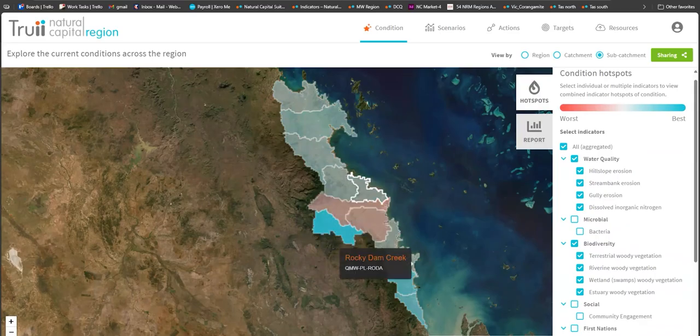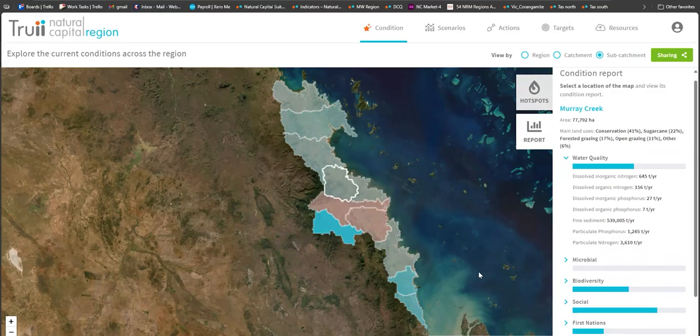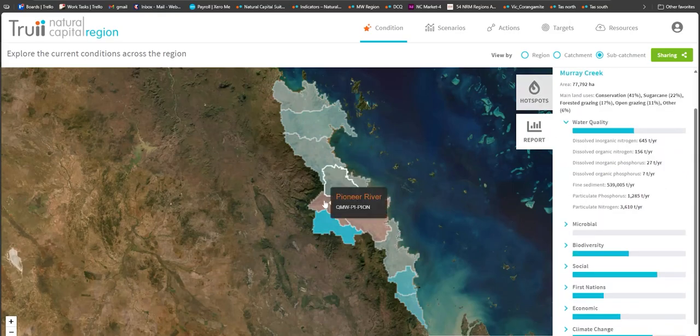So where are the hotspots as well? So you're looking for opportunities where you might be able to do work. And then you can drill down on individual spatial units and look at the numbers that sit around that. So for us, that's, if you like, your natural capital account. So we intersect different layers and we've come up with a natural capital account, if you like.